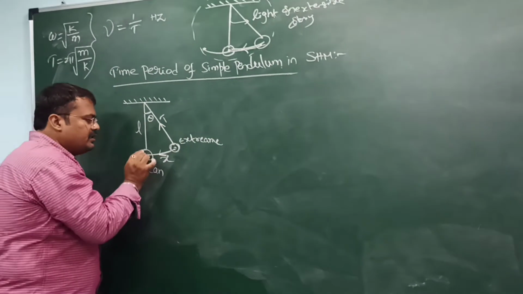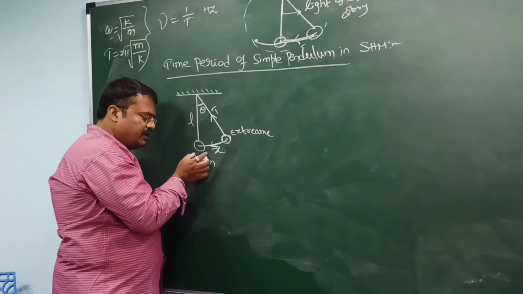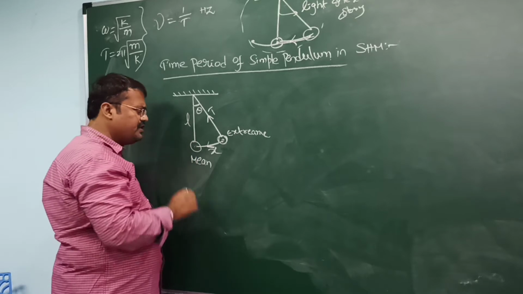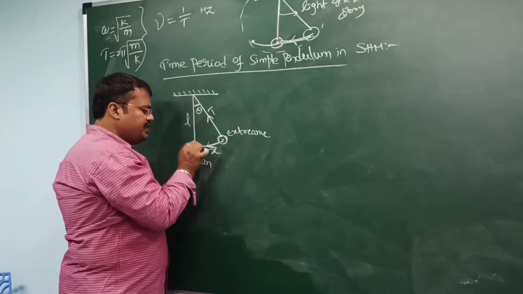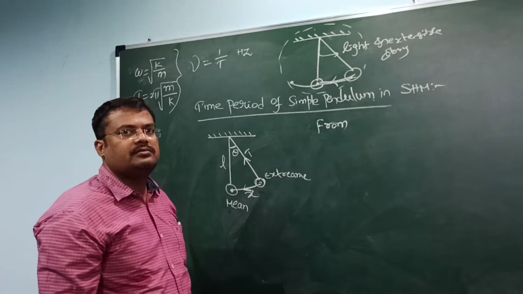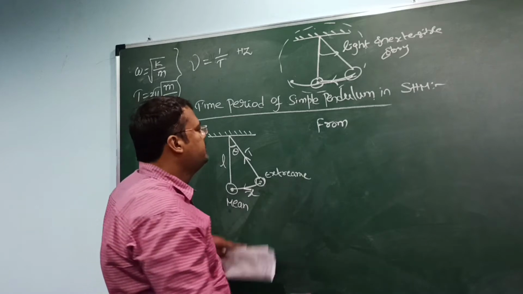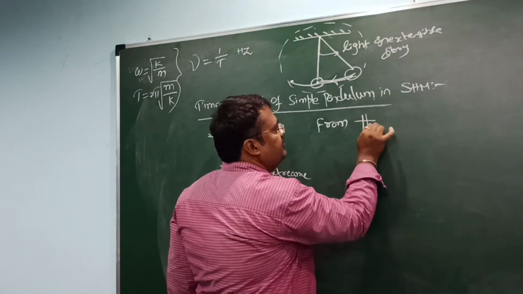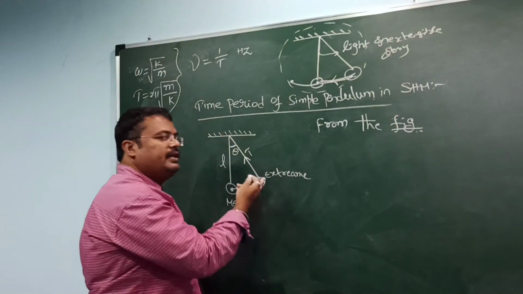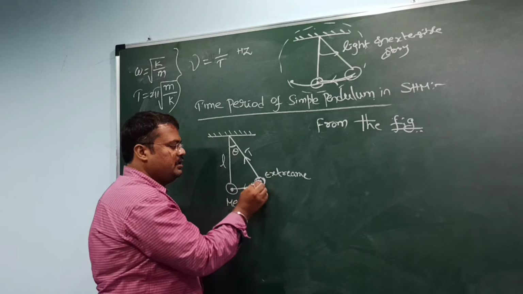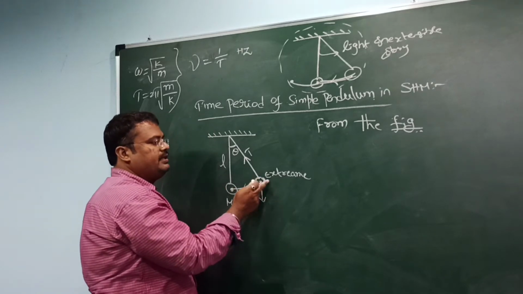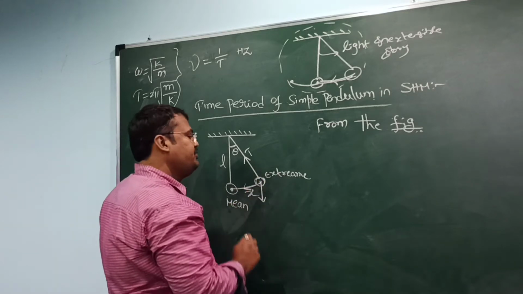The first step, let us try to observe. At a mean position, the particle is at rest right now. Then what about the net force acting on the particle? The net force acting on the particle is mg, right? So then what about the restoring force? From the given picture, let us observe the figure. Let us take the net force acting on a bob at an extreme position.